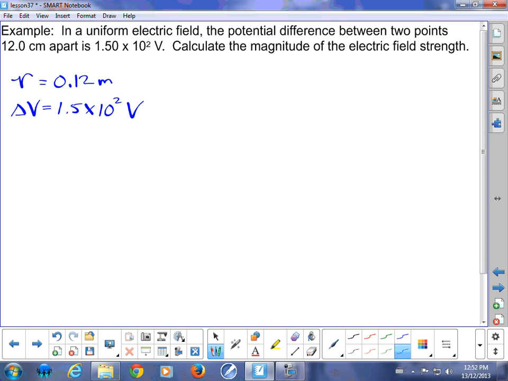Calculate the magnitude of the electric field strength. Electric field strength is what we are looking for. So very similar to the previous formula. Remember I said that delta V is equal to ER. So that is the formula that would suit us here since it has the correct information. 1.5 times 10 squared, looking for electric field strength, distance of 0.12.